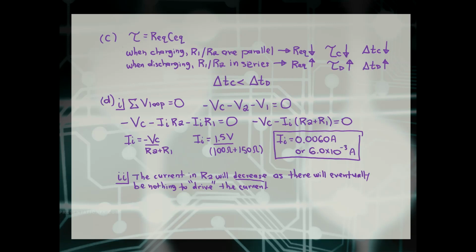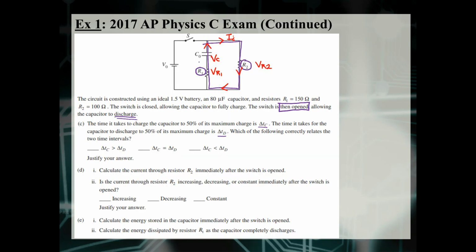That's because if you go back here, when the capacitor is fully charged, there's no current through the middle branch, which means that you don't lose any voltage across the resistor.